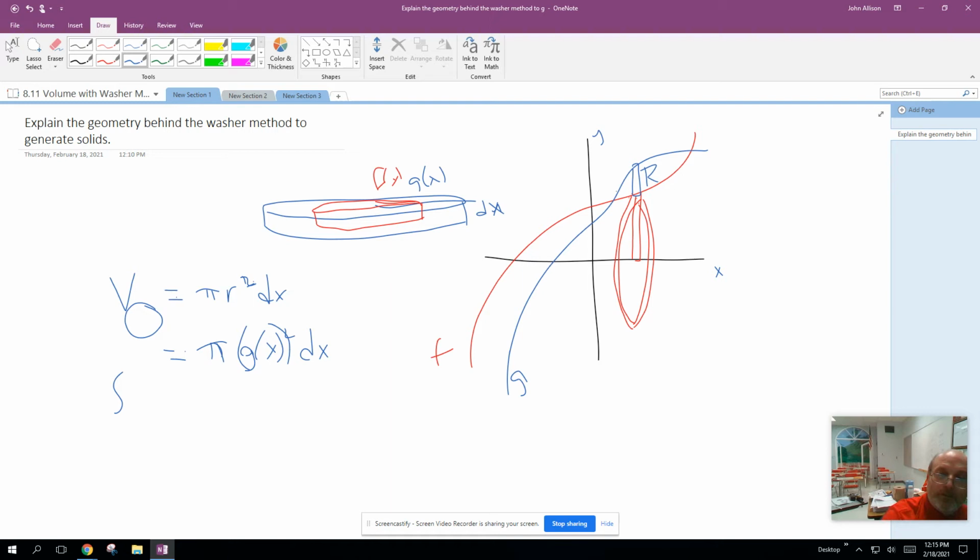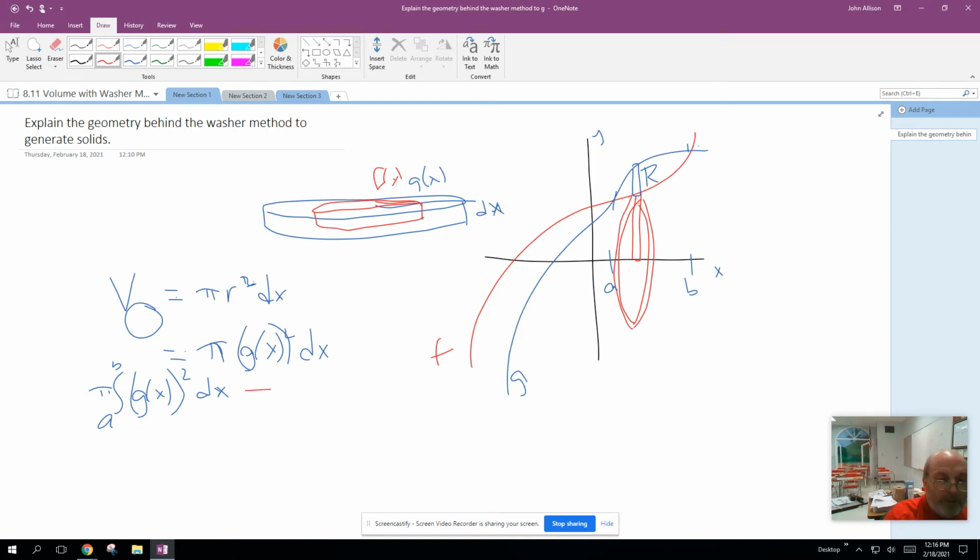So here, if this was x equals a, and x equals b at those points of intersection that define a region, we would integrate from a to b. Pi would come outside, and it would be g of x squared times dx. Then we would get the volume of the inside ring that we'd taken out.